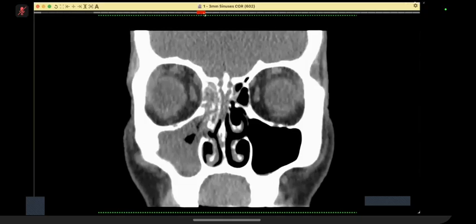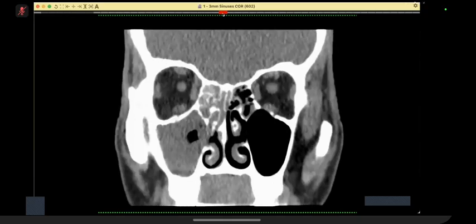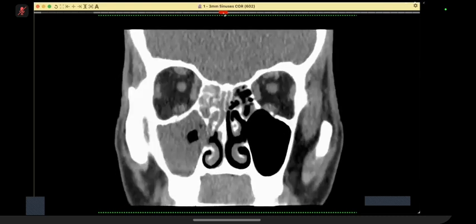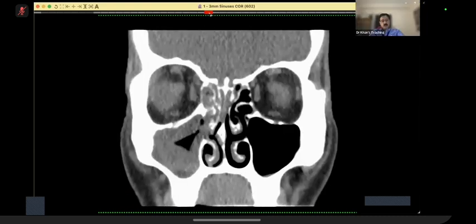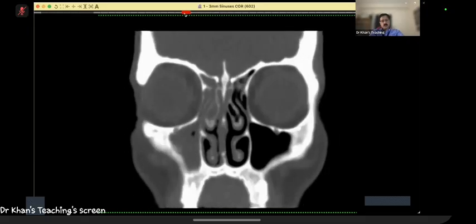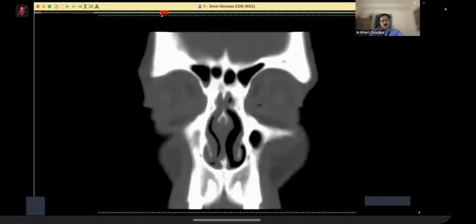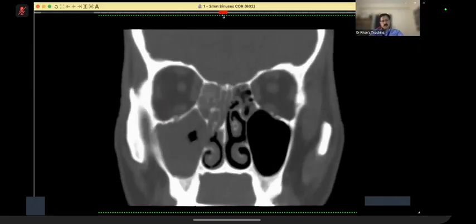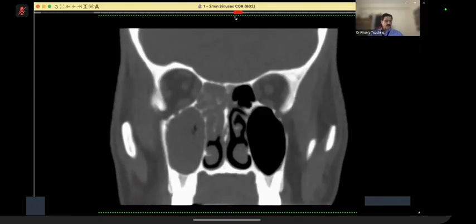When I was reviewing the bone window, I didn't see involvement of the bone. So look at the bone. Okay, so what is your impression till now?